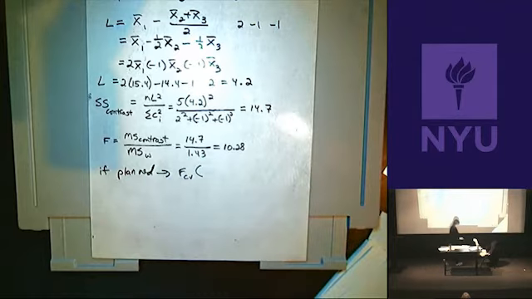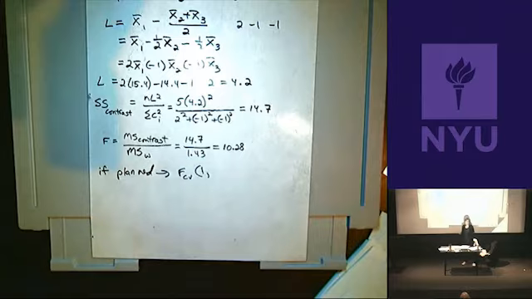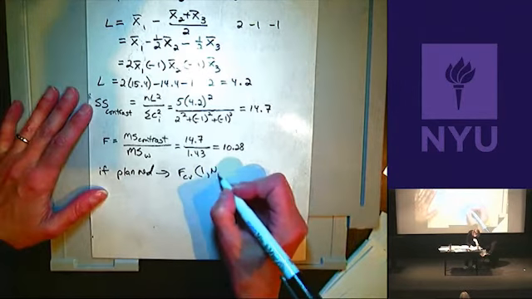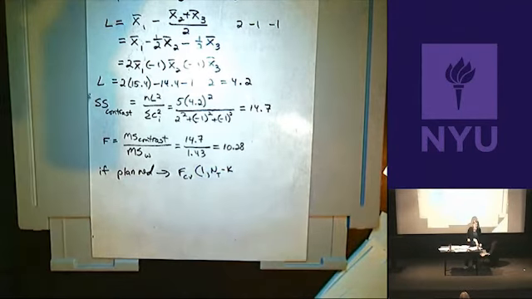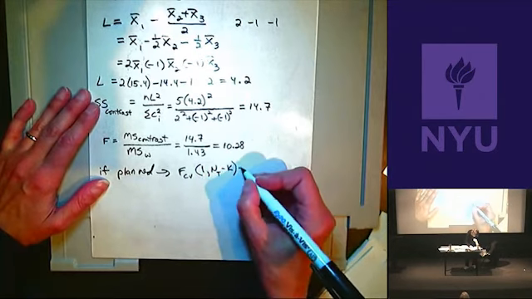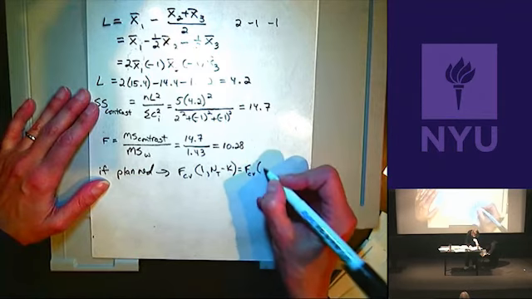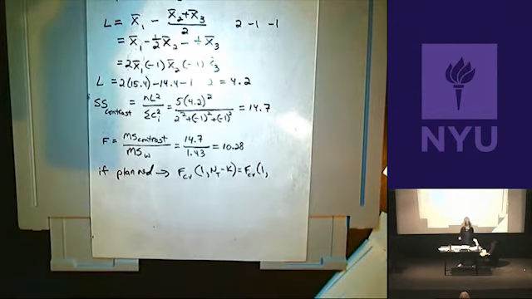What was the denominator in this F? MS within. How many degrees of freedom go into MS within? Well, does anybody remember what the formula was? N_T minus K, right. Good. So it's 1 and, what were the degrees of freedom for this?